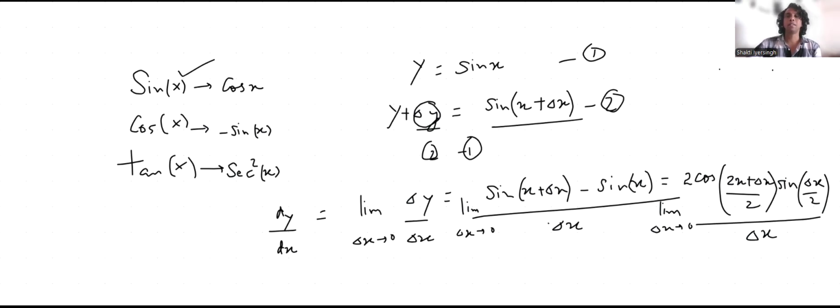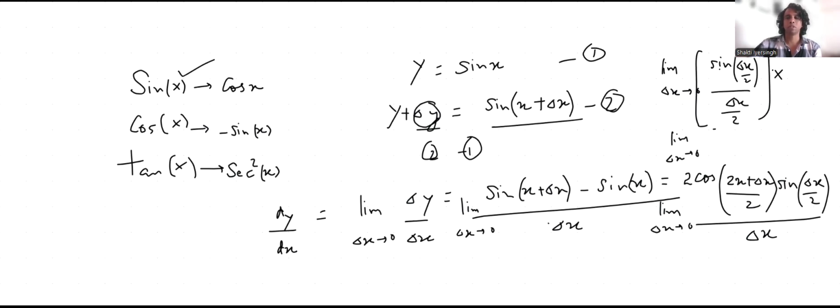Now I'm going to take this 2 down, and this is going to get converted into limit delta x tending to 0 sine delta x upon 2 upon delta x upon 2. This is one limit, and we know this to be equal to 1. And multiplied by the other limit, which is limit delta x tending to 0 cosine of, now I'm going to change this to x plus delta x upon 2, right?